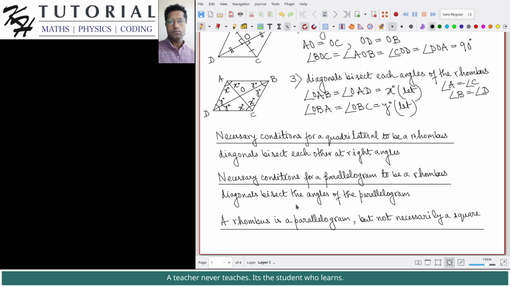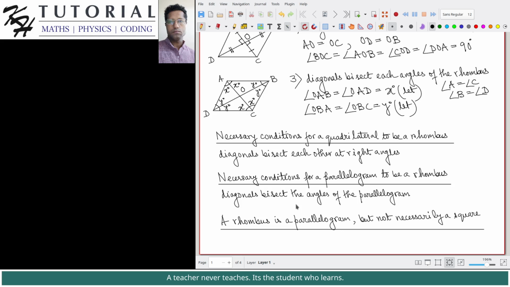Now what is the condition for a parallelogram to be a rhombus? You have a parallelogram and you need to verify whether it is a rhombus or not. If you find that the diagonals are bisecting the angles of the parallelogram, then it will be a rhombus.